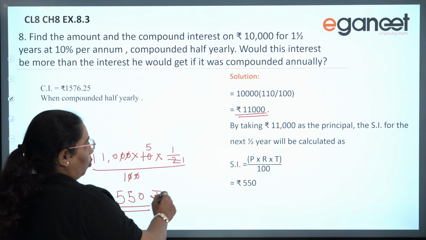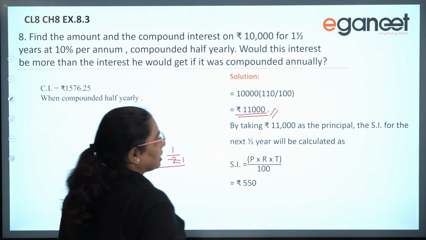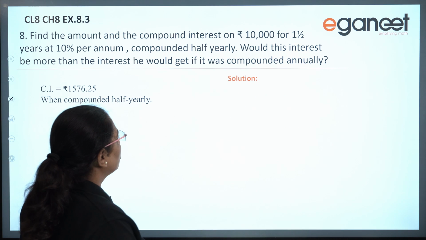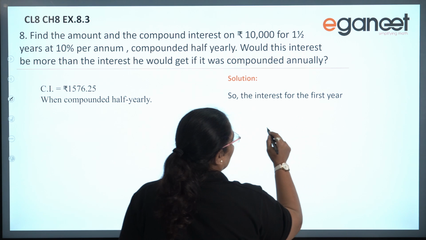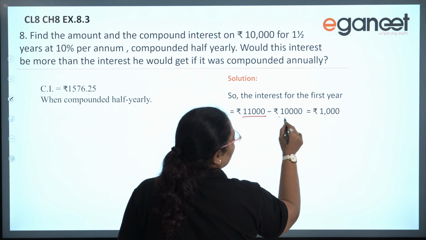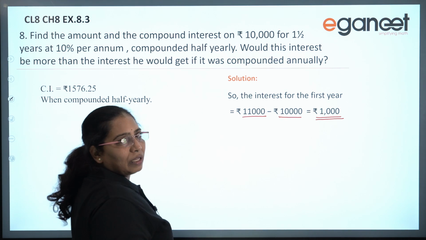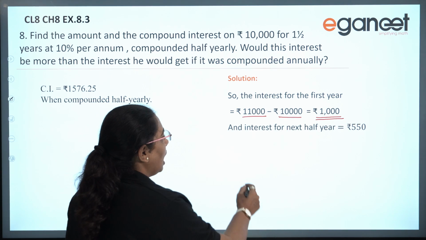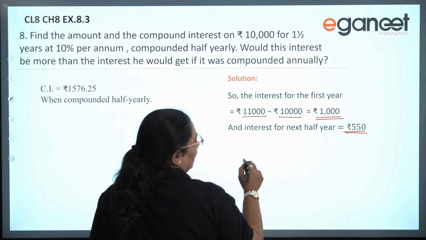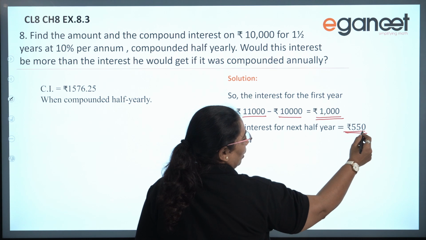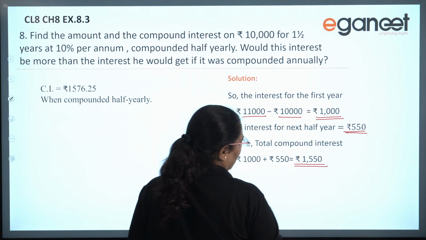Now, as we know that the amount for 1 year is 11,000, let us find out the interest for the first year. It is equal to 11,000 minus 10,000, which is equal to 1,000 rupees. And just now we have calculated that the interest for the next half year is 550. So the total interest is 1,000 plus 550, which is equal to 1,550.